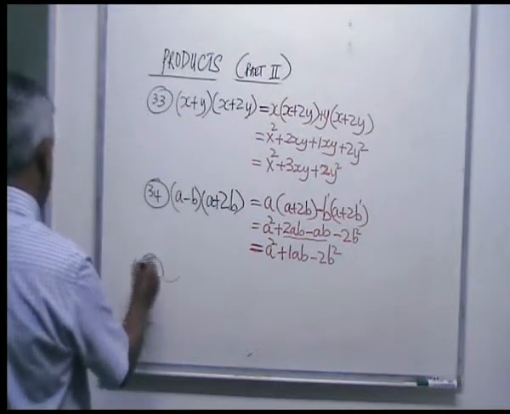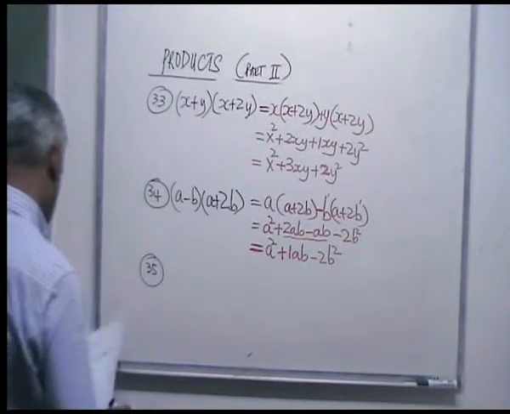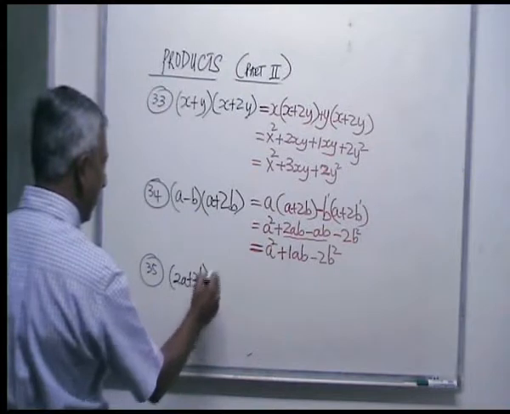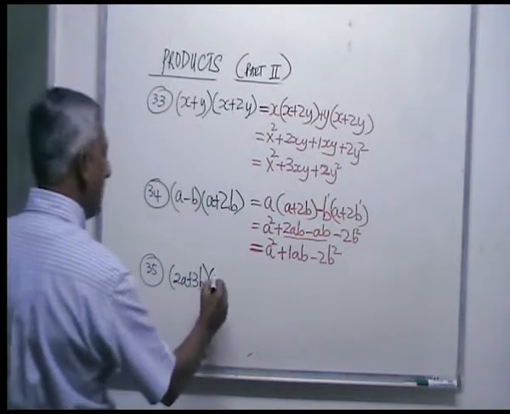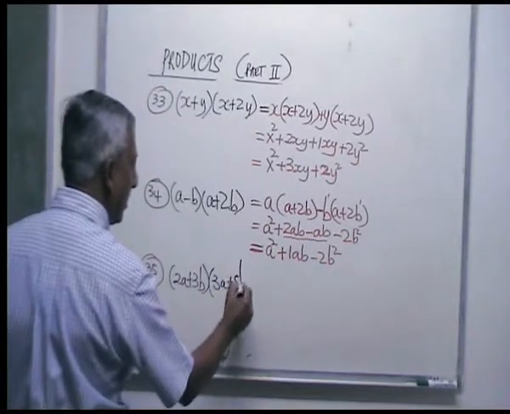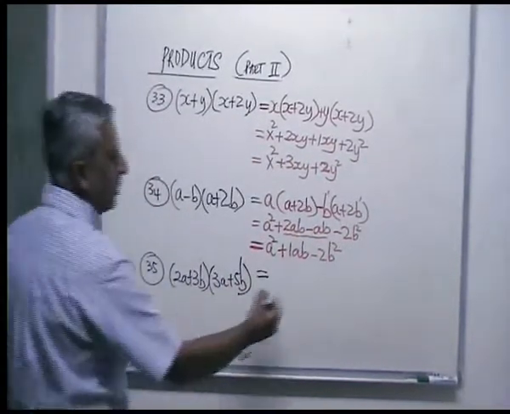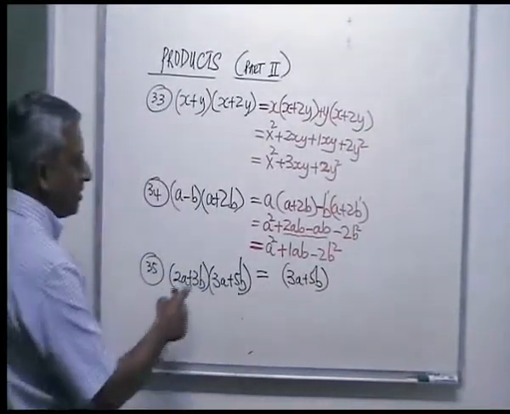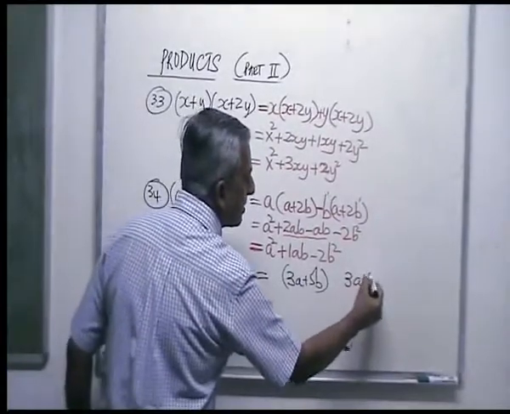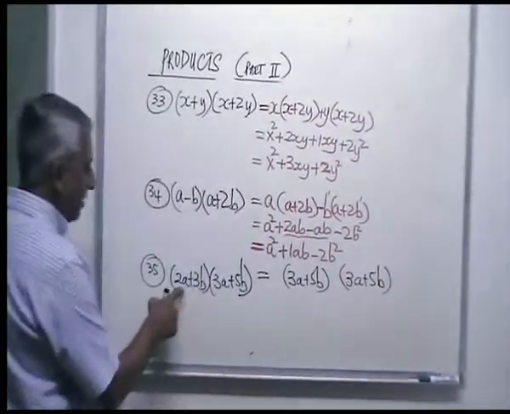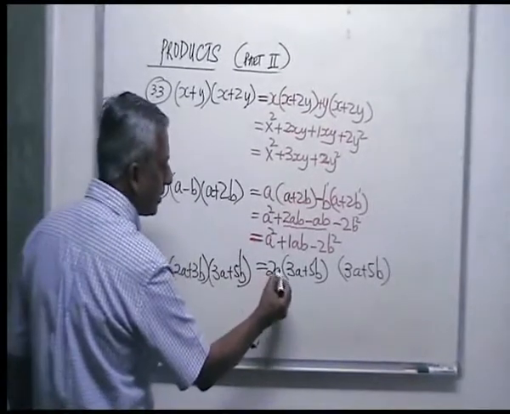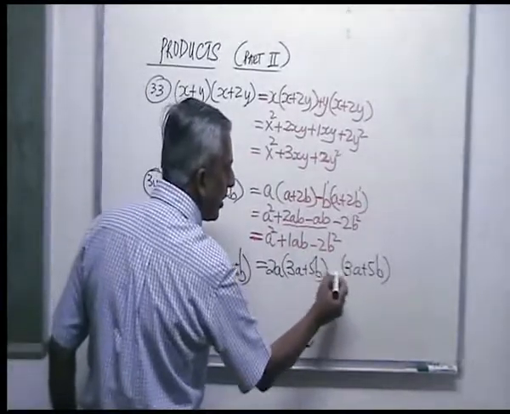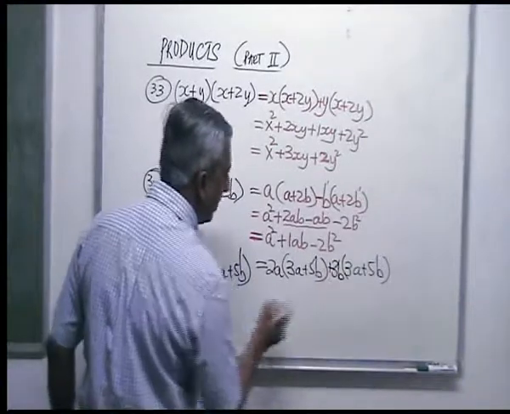Number 35. 2a plus 3b into 3a plus 5b. So you write the second bracket, 3a plus 5b. In the front here you got 2a, and in the middle there you got plus 3b.